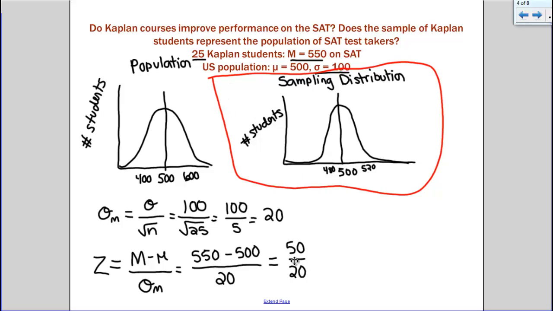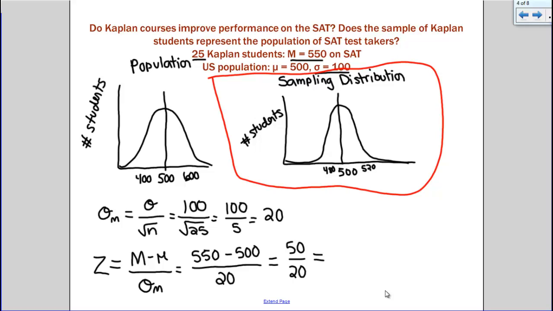You need to compare the observed difference between the sample mean and the population mean to that expected difference. And then if the observed difference far exceeds the expected difference, then we can be confident that it's not just some random chance difference that resulted in our means being a different value, but that it is some systematic difference, that whatever we did actually did have an effect, and that's why our mean is so much different.